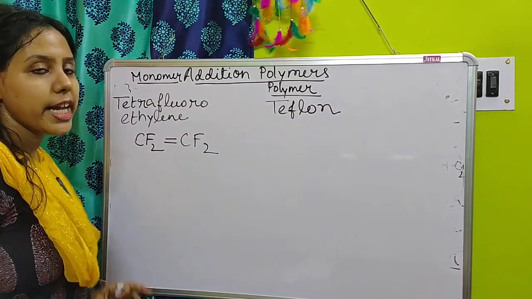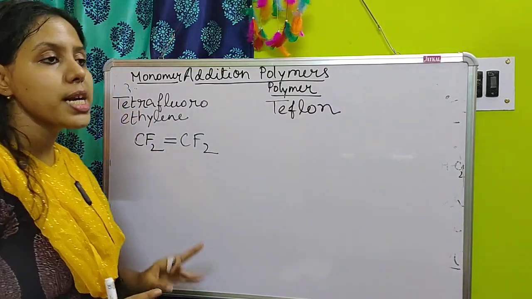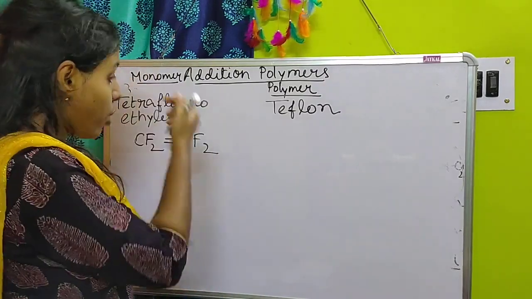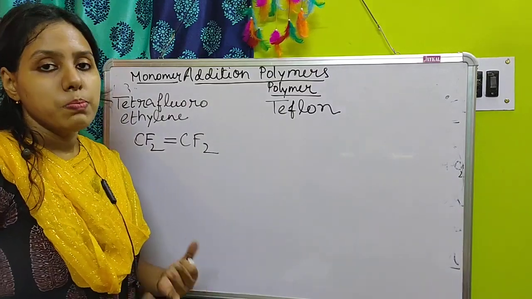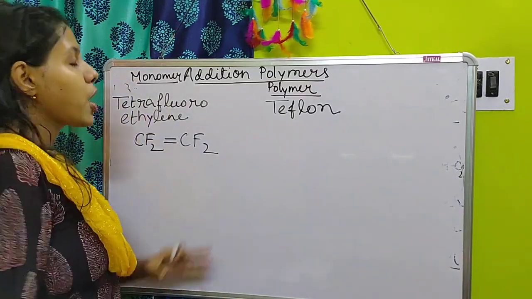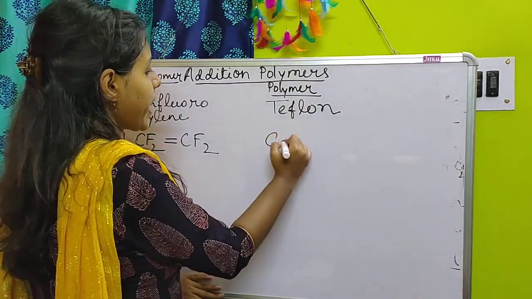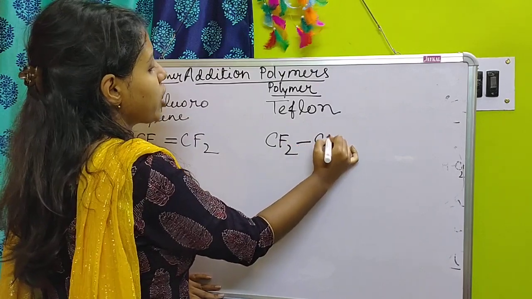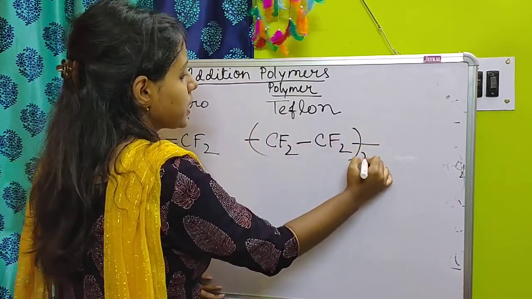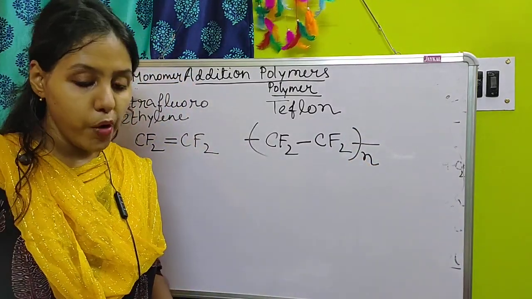How many fluorines are there? Total 4, and 4 means tetra. That's why it is called tetrafluoroethylene. When they make the polymer, the name is Teflon, or you can say polytetrafluoroethylene. The double bond will change into a single bond, on both sides there are single covalent bonds, and at subscript there is N. These are very important for your exams.